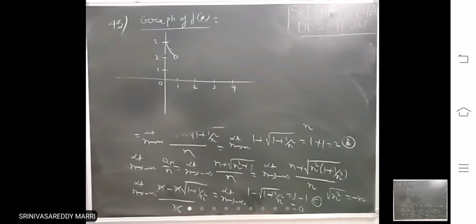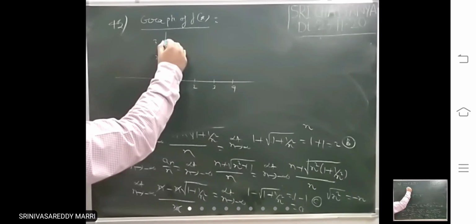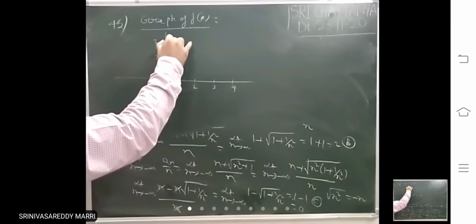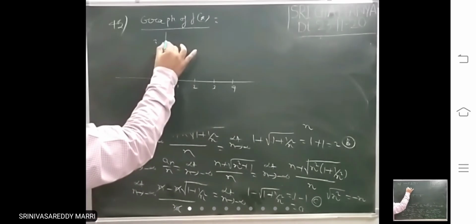Graph is like this, and then from 0 to 1, started from 0 here. At 0 the graph is this one. From 0 to 1 the graph is like this. At 0 the graph is here.